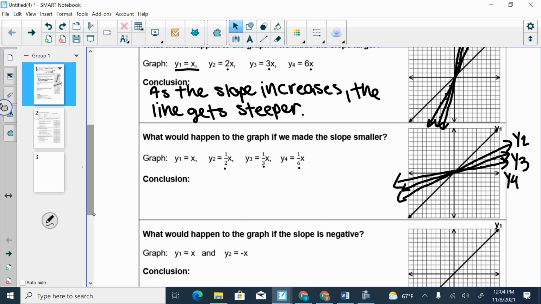Every time we made the slope smaller, our graph got a little bit flatter, closer to the x-axis, right? So as the slope decreases, the line becomes less steep or flatter, whichever way you want to word that.